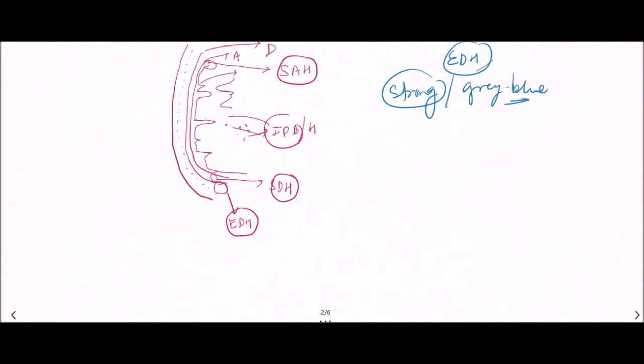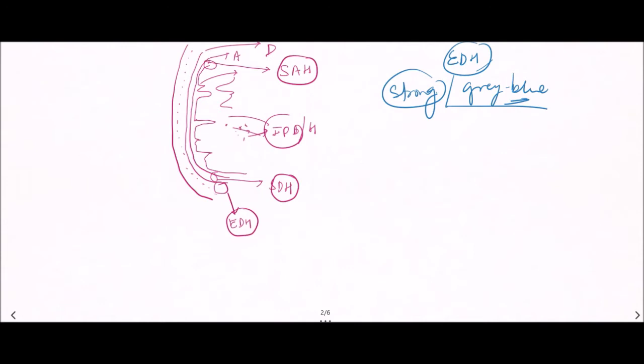This is a strong, tough structure. It forms the sinuses, which are the draining channels for the venous blood of brain, dura and bones of skull. So basically dura mater forms various sinuses.